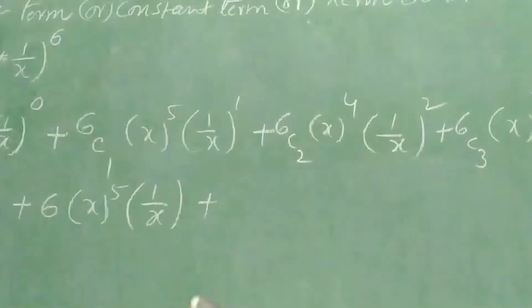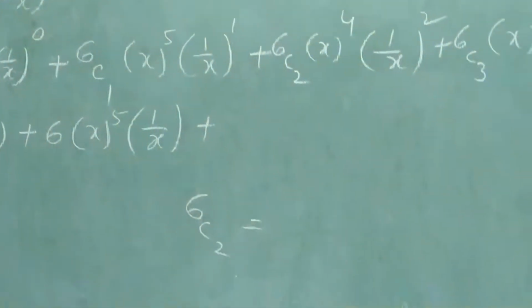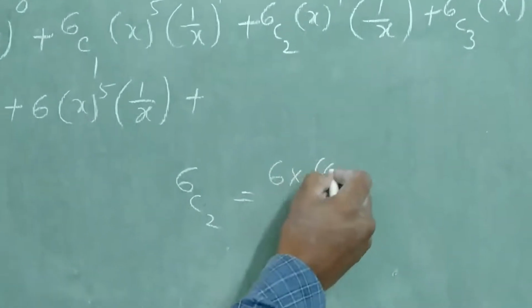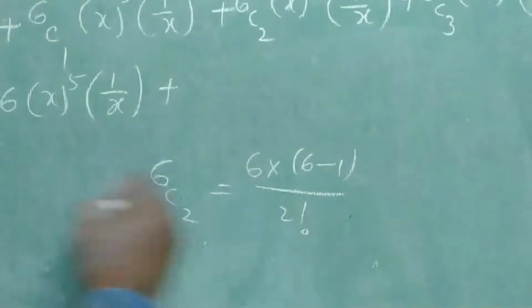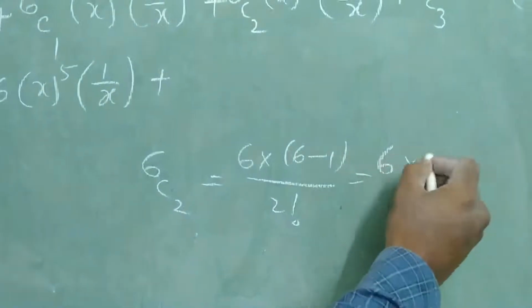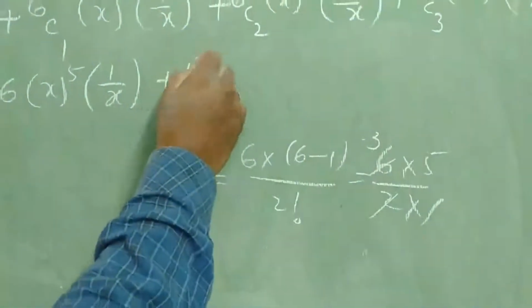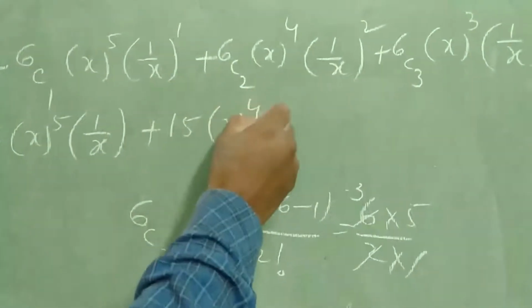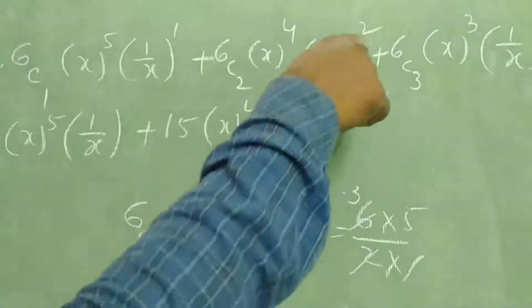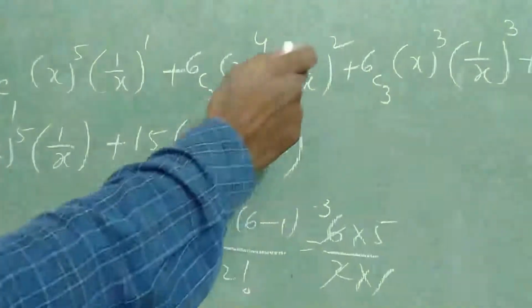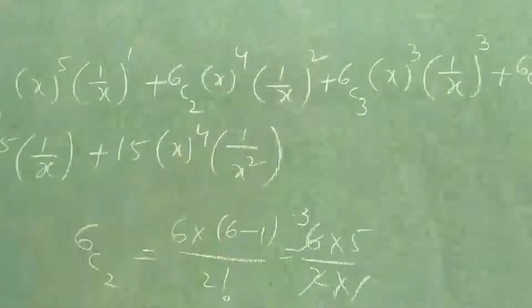So what is 6C2? You know how to find 6C2. 6C2 is equal to 6 into (6 minus 1) by 2 factorial. So 6 into 5 by 2 into 1. 2 threes are 6, 3 fives are 15. So 15 into x to the power of 4 into (1/x) squared, 1 by x squared.